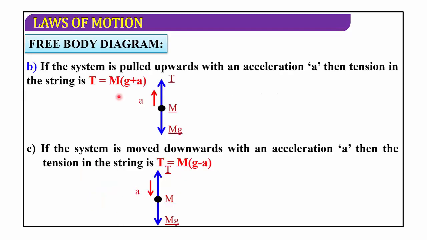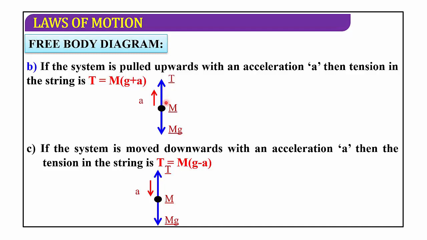Right? Then you can observe the second case. If the system is pulled upward with an acceleration a, then what is the tension in the string? When we are pulling that rigid body in the upward direction, how do we write the tension equation?